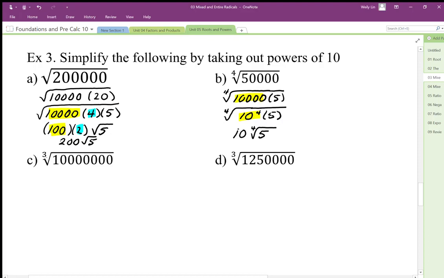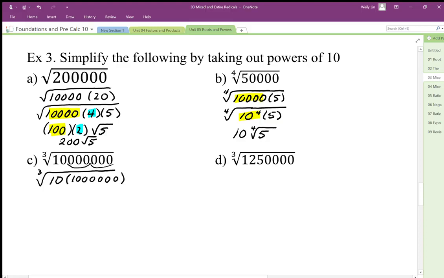So here we're dealing with cube roots. So what I'm going to do is count groups of 3 zeros. So that's 1,000, 1,000,000. Those groups of zeros, I know I can rewrite in terms of powers of 3. So I'm going to have 10 times 1 with 1, 2, 3, 4, 5, 6 zeros.